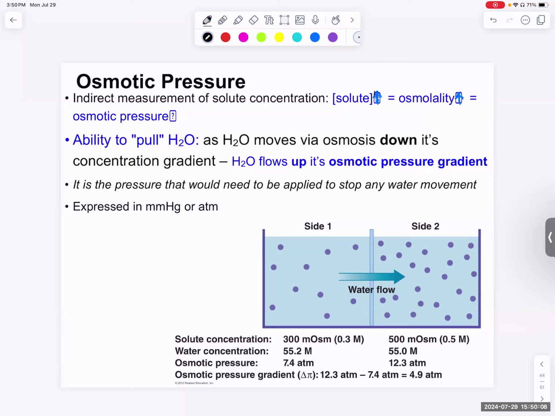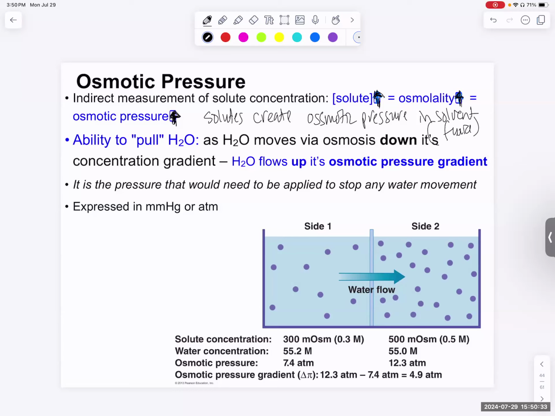Maybe I should do this in black, right? You can see it. It's an up arrow, and the osmotic pressure is going to go up. So solutes create osmotic pressure in a solvent or fluid.